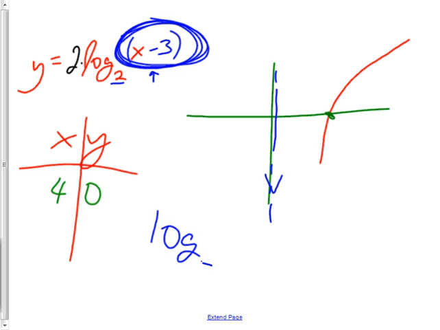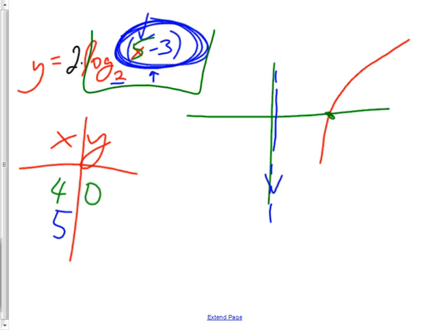If we have log base 7 of 7, the answer is 1. Remember that? So, in this case, we have log base 2. And if we had log base 2 of 2, the answer would be 1, and that would be nice. So, what do we need to put there to make it equal 2? A 5. 5 minus 3 will give us 2. Put 5 right here. And now I have 2 there. Now I have log base 2 of 2, which equals 1. Final answer. 2 times the 1 is 2.